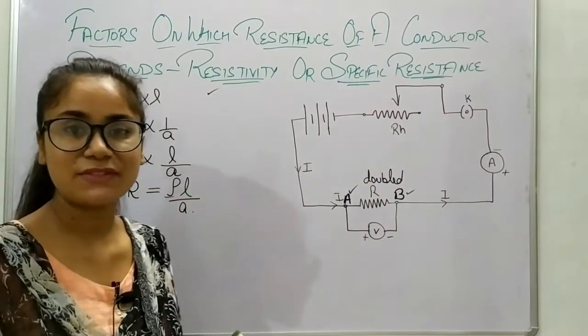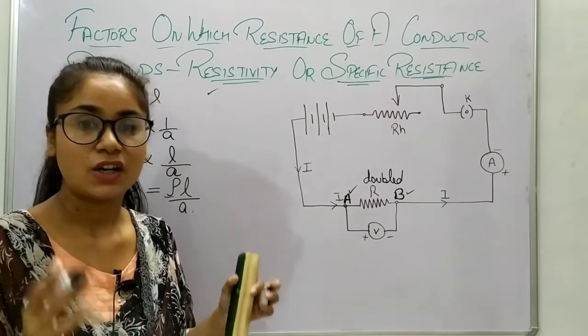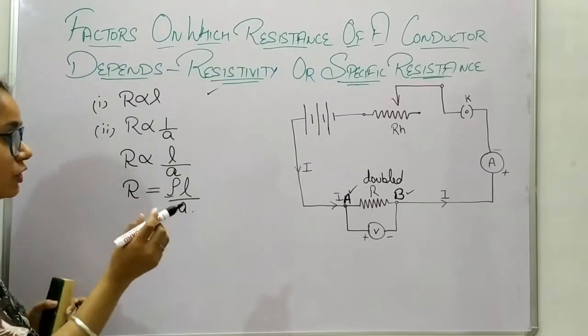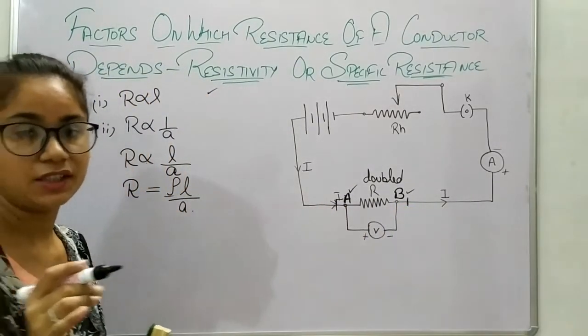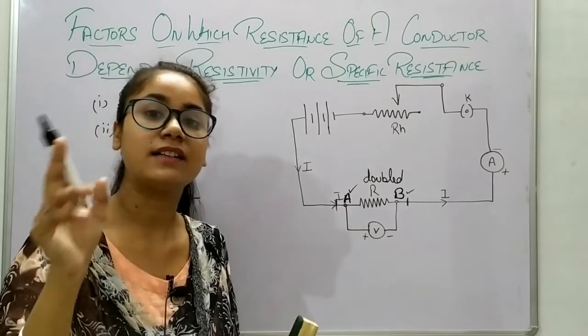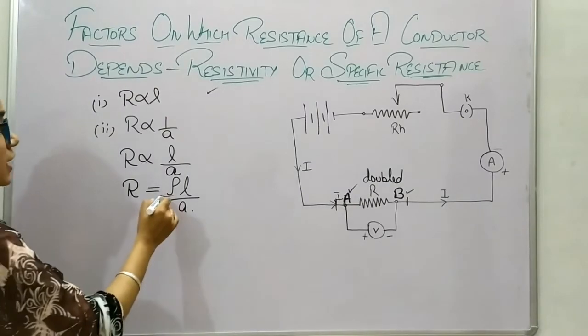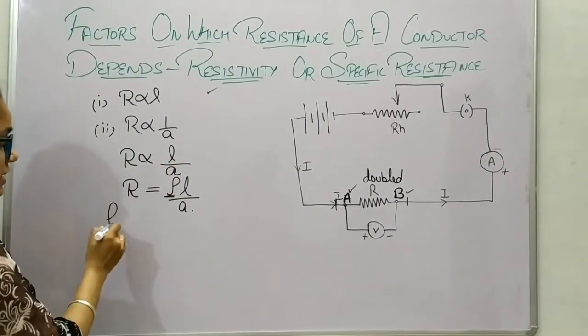So this is how we define the resistivity of a conductor. Resistivity of a conductor is a special kind of resistance for the given length and given area of cross section of the conductor to the electrical conduction. Okay, so this is how we define the resistivity or specific resistance.